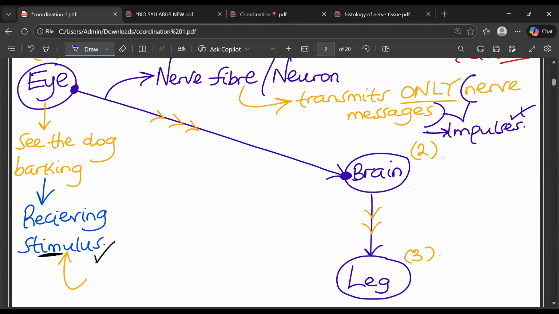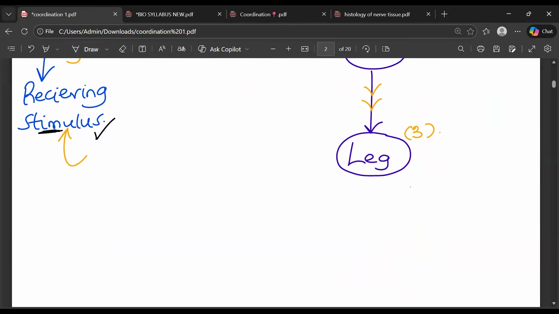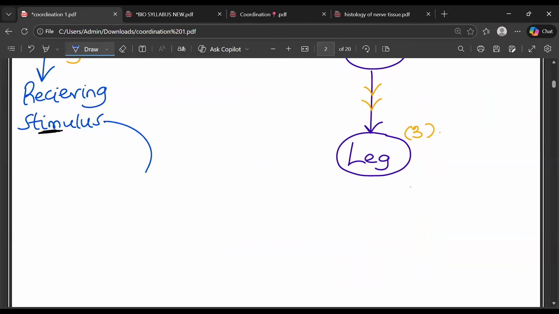So that means when the eye receives the stimulus, this stimulus must be converted to what they call nerve impulses. Because the nerve fiber transmits nerve messages they call impulses.